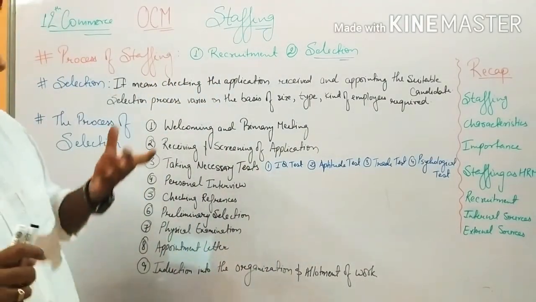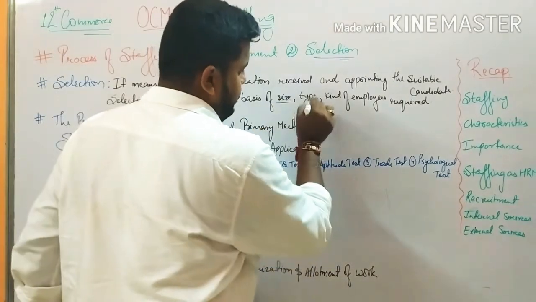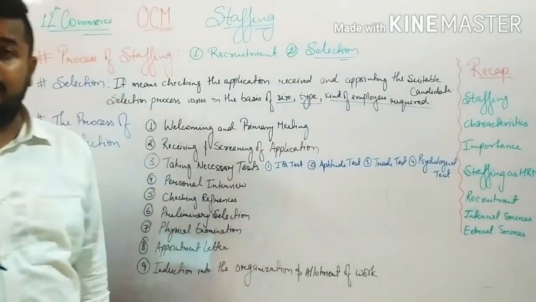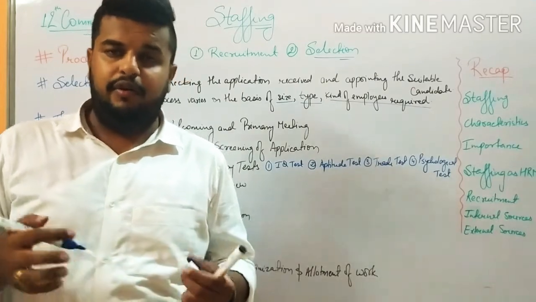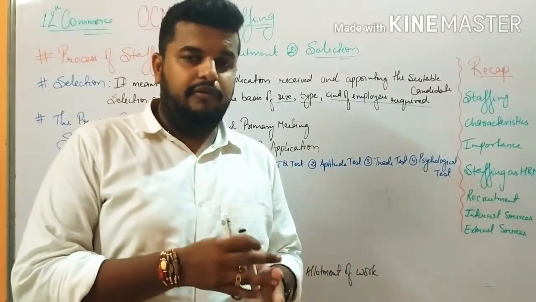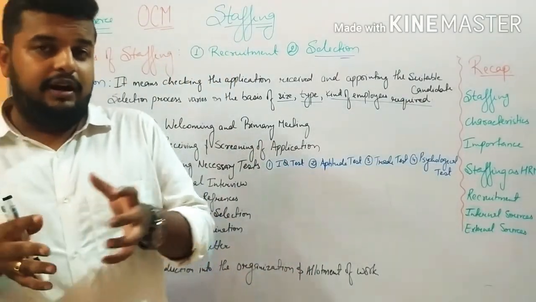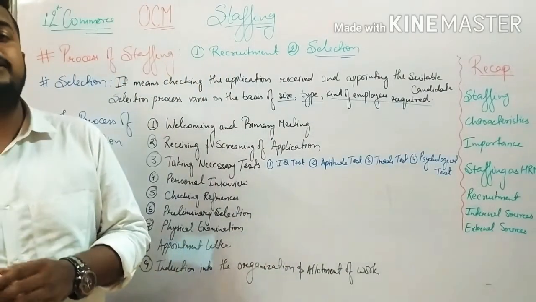Okay, but the selection process varies on the basis of size of organization, type of organization, kind of employees required. For an example, we all know there are three levels of management. If we require an employee for top level of management, then the selection process will be a bit lengthy and a bit complex because we need proper and perfect expertise for that.